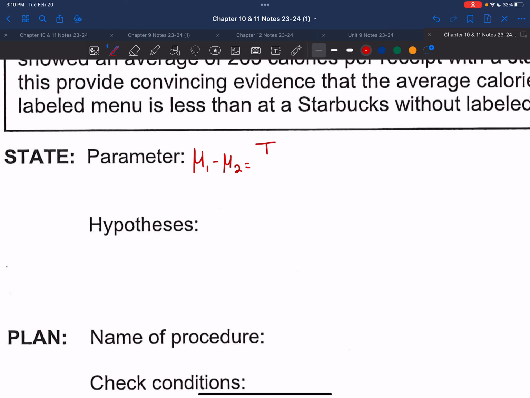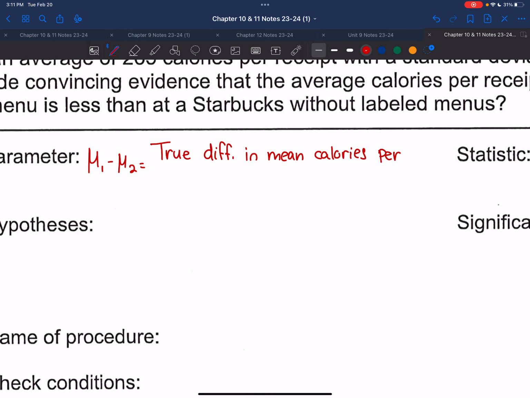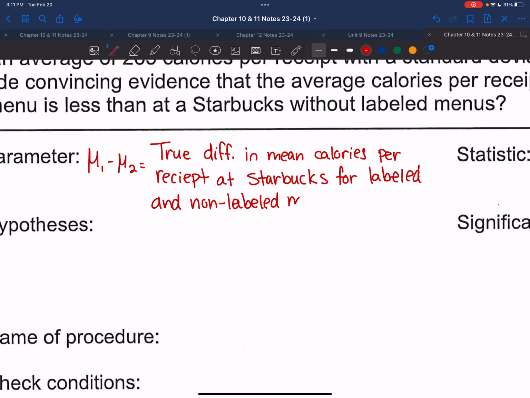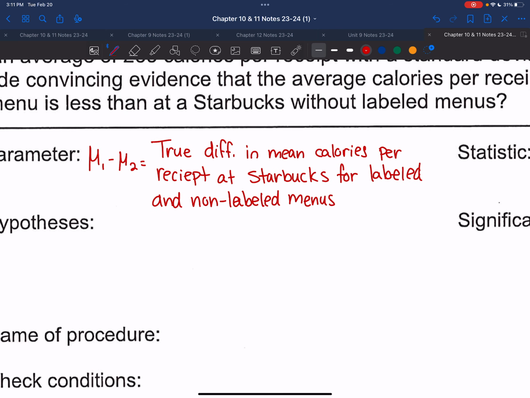In the case of this one, this represents the true difference in mean calories per receipt at a Starbucks for labeled and non-labeled menus. And in parentheses, I'm going to put labeled minus non-labeled.